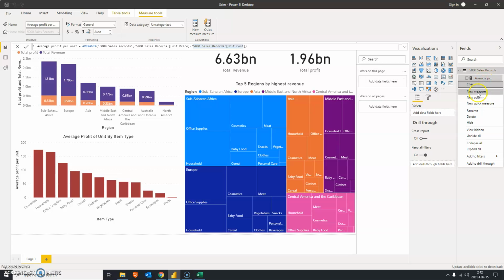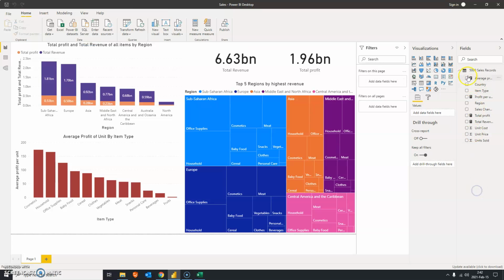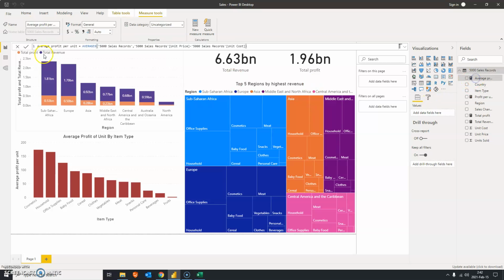I click here for a new measure, and after I put that command over there, it made this new measure. The second one is profit per unit, which is CALCULATE and then SUMX over the table, with unit price minus unit cost.